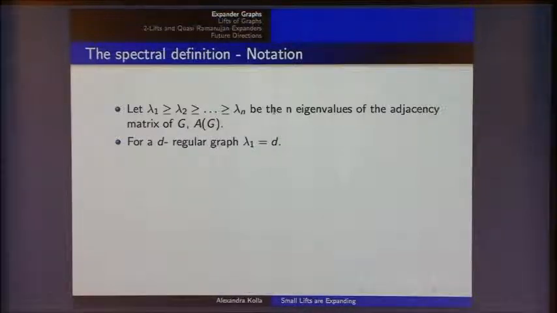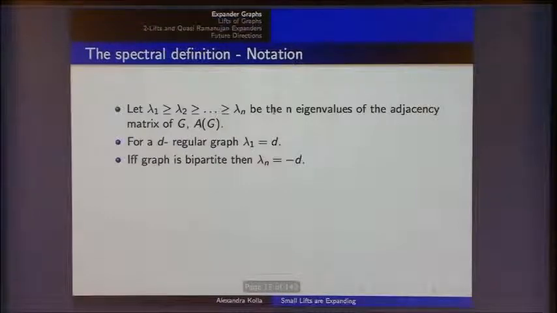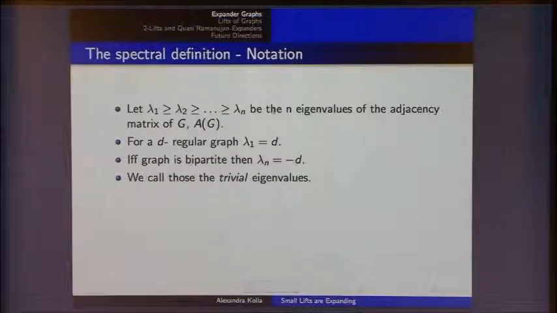We're only going to be dealing in this talk with d-regular graphs, because traditionally, expanders were d-regular graphs. I mean, there are some new works with sparsification, etc., that try to construct non-regular expanders, but let's just focus on d-regular graphs, in which case lambda 1 is always d, and if the graph is bipartite, lambda n is also minus d.